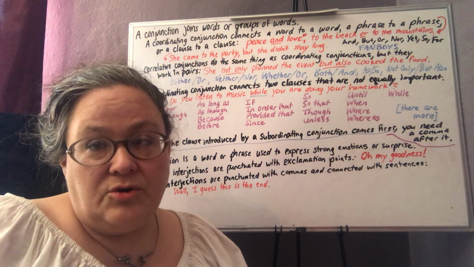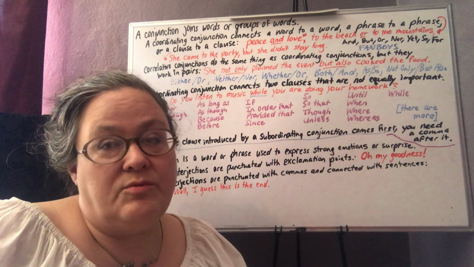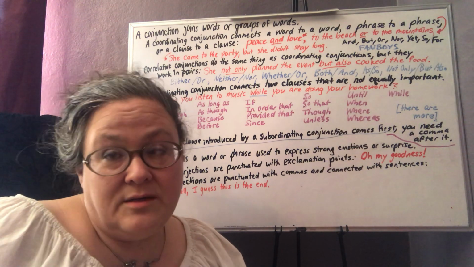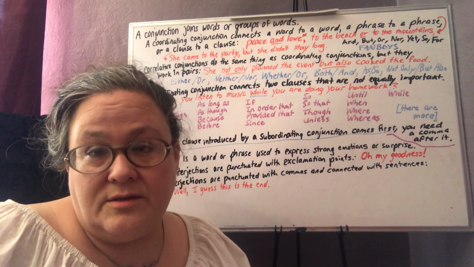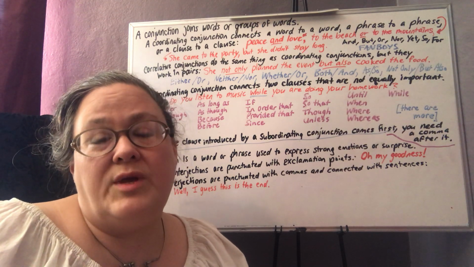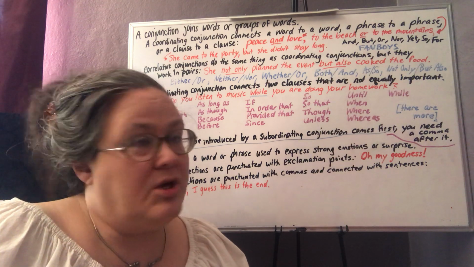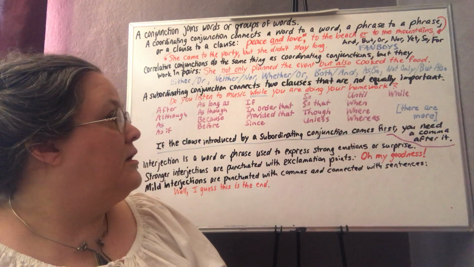And you should also know that a clause is a group of words that has both a subject and a predicate. Now, it's an independent clause if it can stand alone as a sentence. But sometimes there are what I call weakening words that come at the beginning of a clause and make it where you cannot make it stand alone as a sentence.